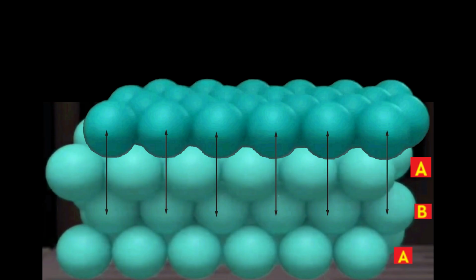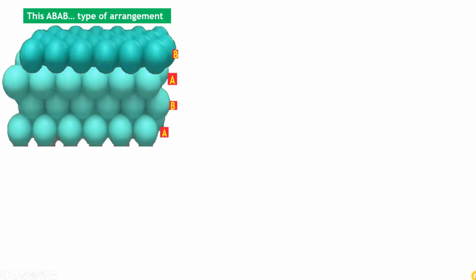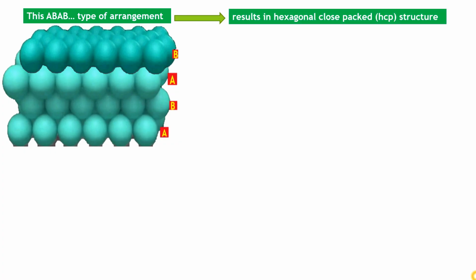Since the second layer is labeled as B layer, the fourth layer is also labeled as B layer. The resulting pattern of the layers will be ABAB type in 3 dimension. This ABAB type arrangement results in hexagonal close packed HCP structure.